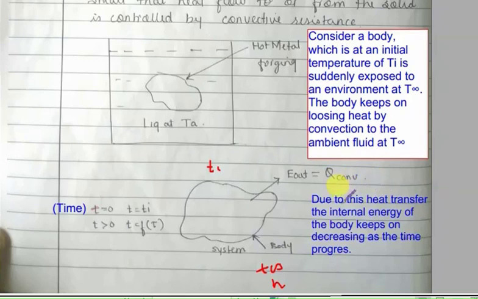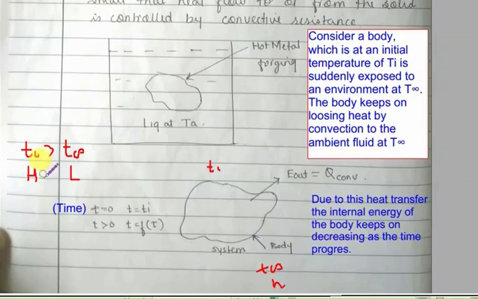Now due to this, what is happening? As Ti is greater than T infinity, the heat will flow from the body into the environment, as heat always flows from high temperature to low temperature.